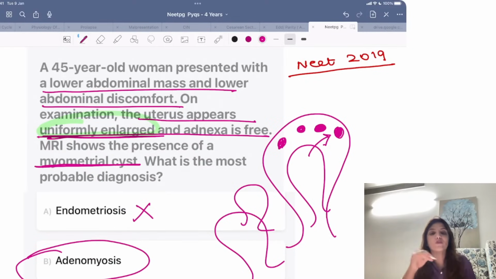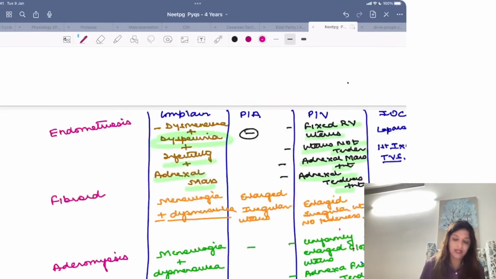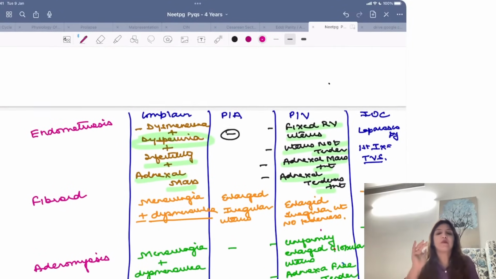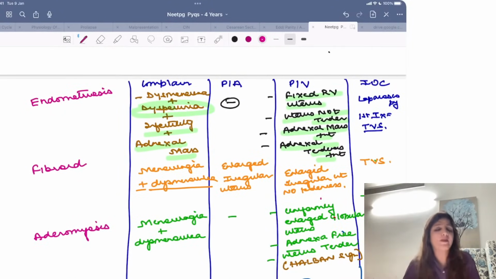So, uterus is going to be irregularly enlarged, and on MRI there won't be any myometrial cyst, right? So, it cannot be fibroid. In case of fibroid, patient comes to you most commonly with complaint of menorrhagia, and yes, they can be plus minus dysmenorrhea. Right? Dysmenorrhea is never the main complaint.